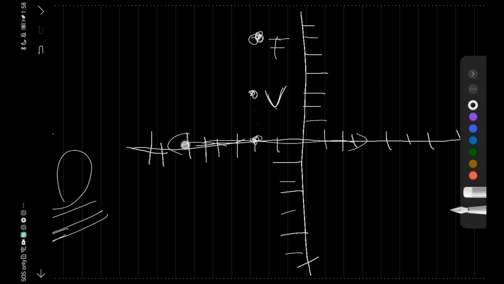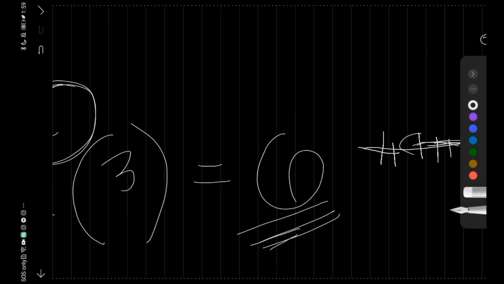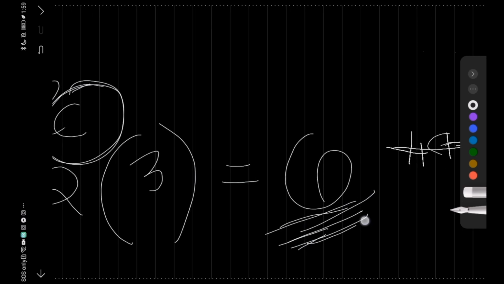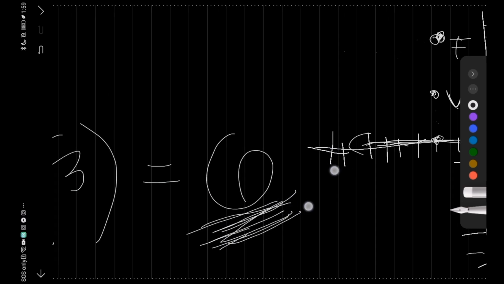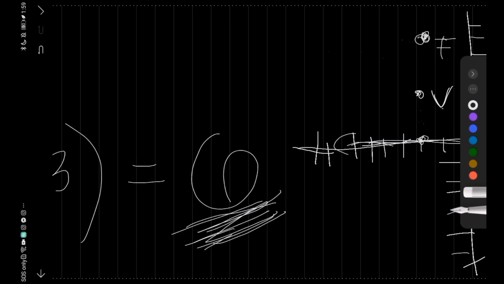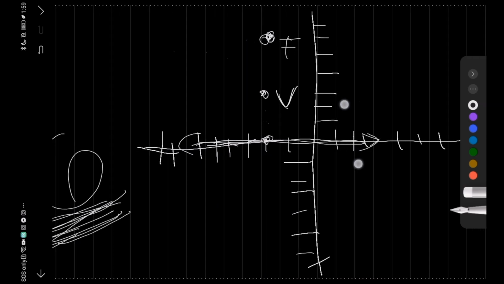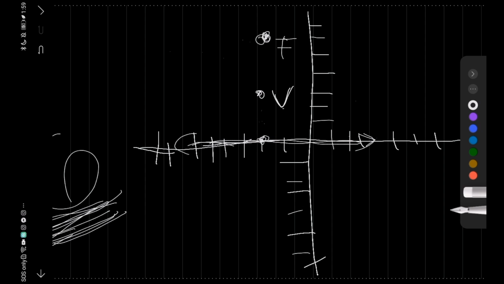For the latus rectum, we already solved for it, and it is equal to 6.